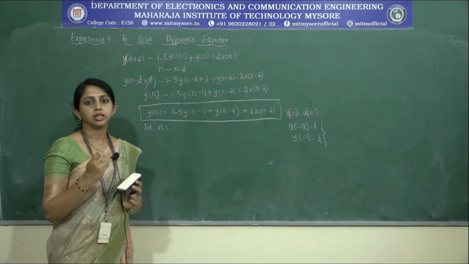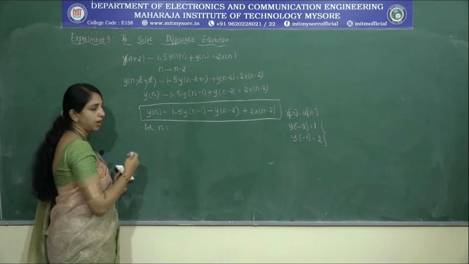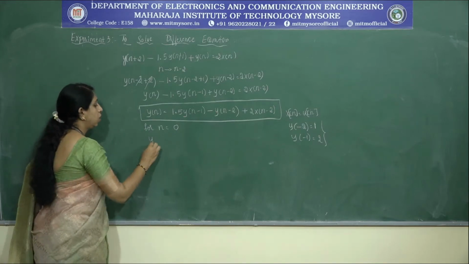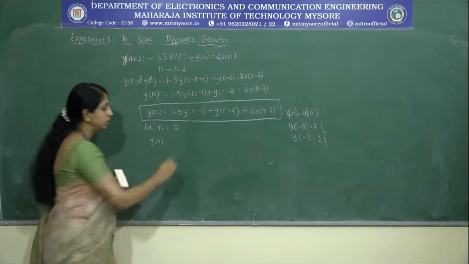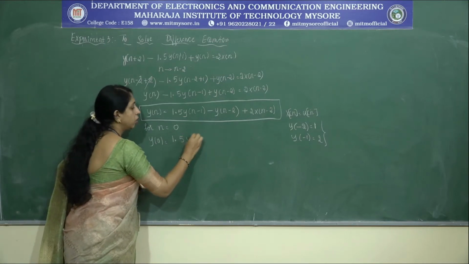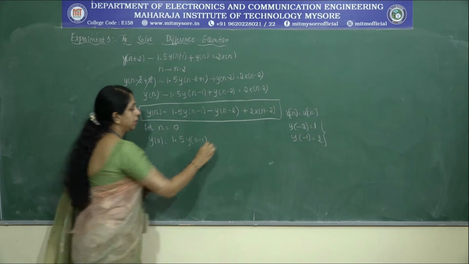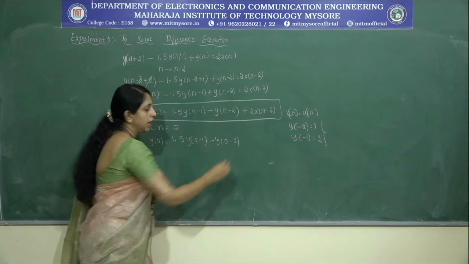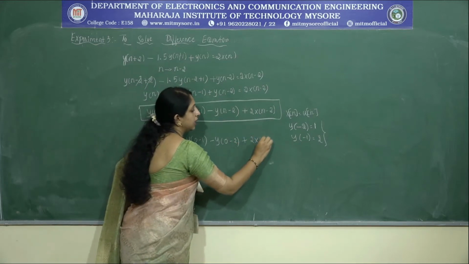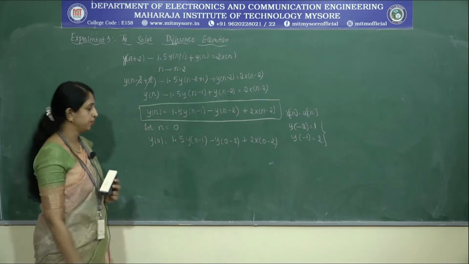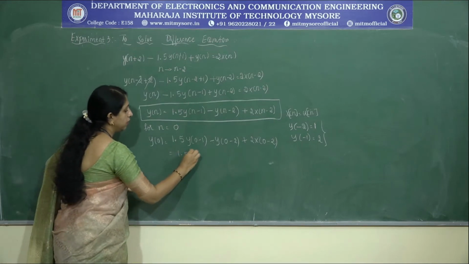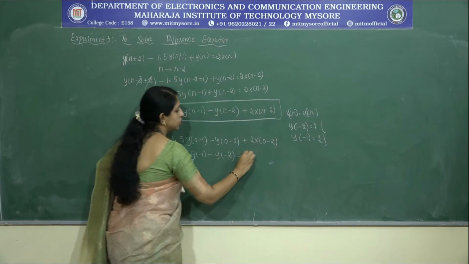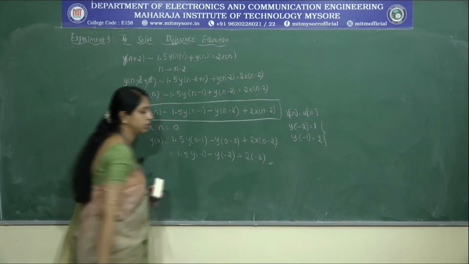So you can take 5, 10, etc. I'll just go for the first value where n is taken as 0. y of 0 is equal to 1.5 y of 0 minus 1 minus y of 0 minus 2 plus 2 into x of 0 minus 2. That is 1.5 y of minus 1 minus y of minus 2 plus 2 into x of minus 2.